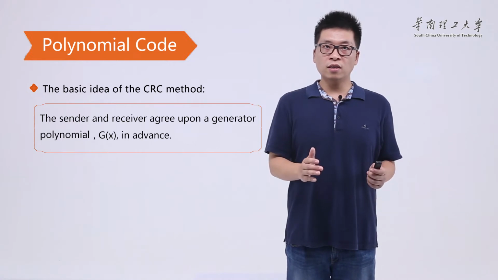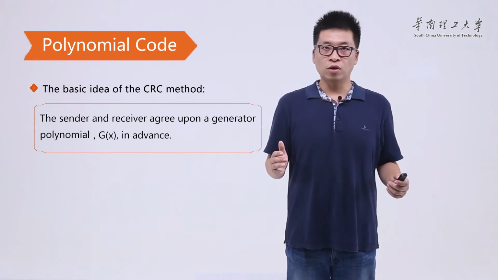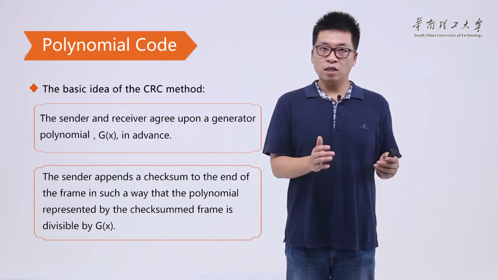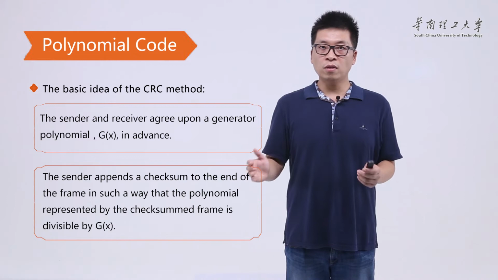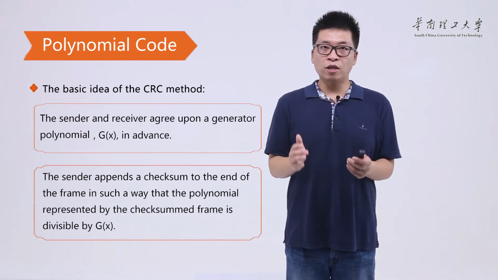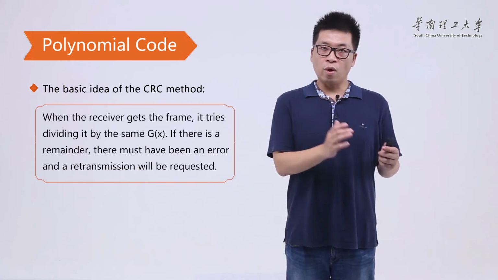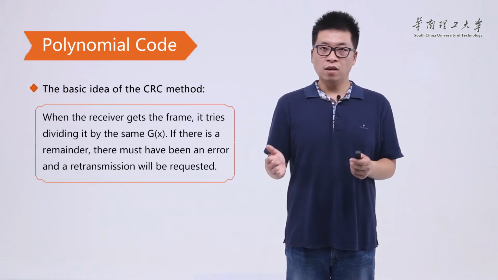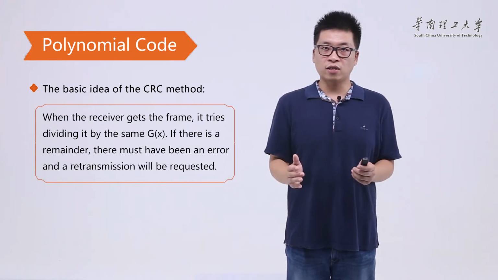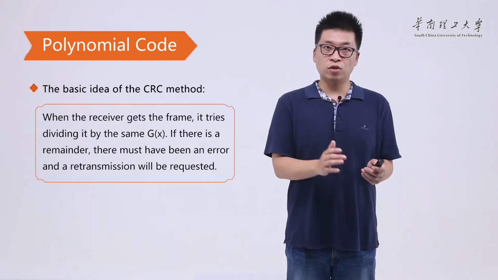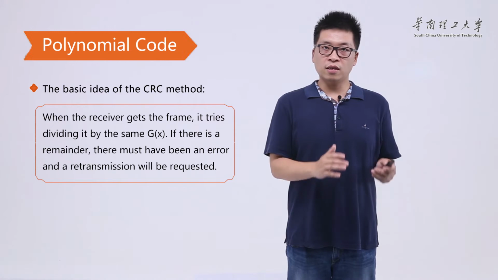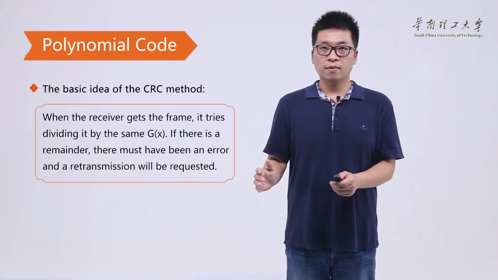When the sender sends out a message, the sender appends a checksum to the end of the frame in such a way that the polynomial represented by the checksummed frame is divisible by Gx. When the receiver gets the frame, it divides it by the same Gx, because Gx is a polynomial the receiver and the sender agreed on in advance.